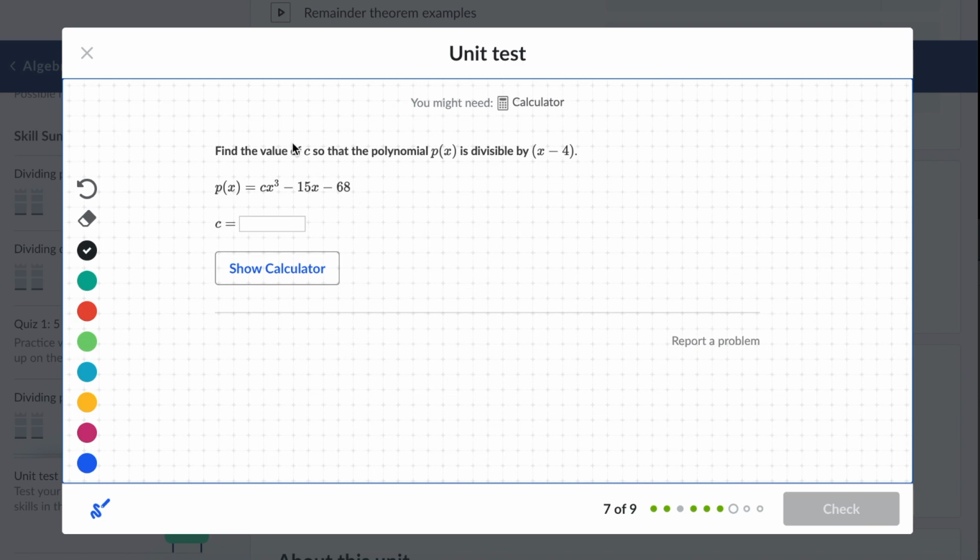3 more problems. Okay, so find the value of c so that the polynomial is divisible by this. So, remainder theorem again, right? It'll give you the remainder if you just plug in 4. If you calculate this out, it's going to be the remainder, and you want it to be divisible.